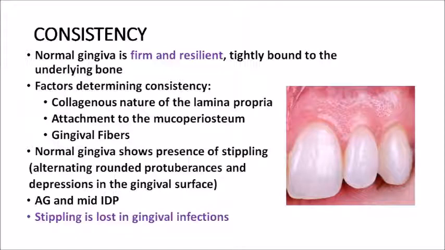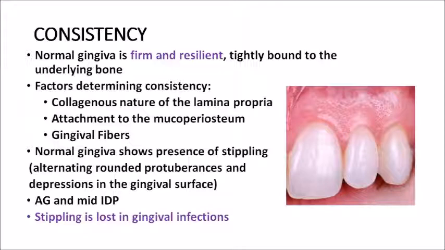One more thing is, normal gingiva shows a feature known as stippling. What is stippling? Stippling refers to the orange peel appearance of the gingiva. It is very clear from the figure provided. Why is this happening? One of the hypotheses is there are alternating rounded protuberances and depressions on the gingival surface. When we draw the epithelium and the connective tissue, we draw rete pegs, right?